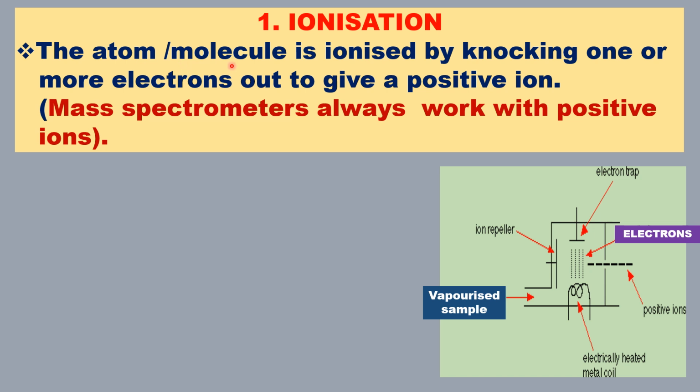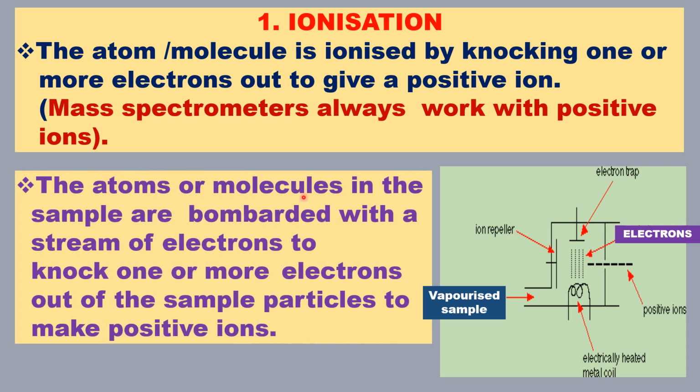As a result, the atom or molecule is ionized by knocking one or more electrons to give a positive ion. Okay, please remember, mass spectrometers always work with the positive ions. The atoms or molecules in the sample are bombarded with a stream of electrons to knock one or more electrons out of the sample particles to give positive ions.